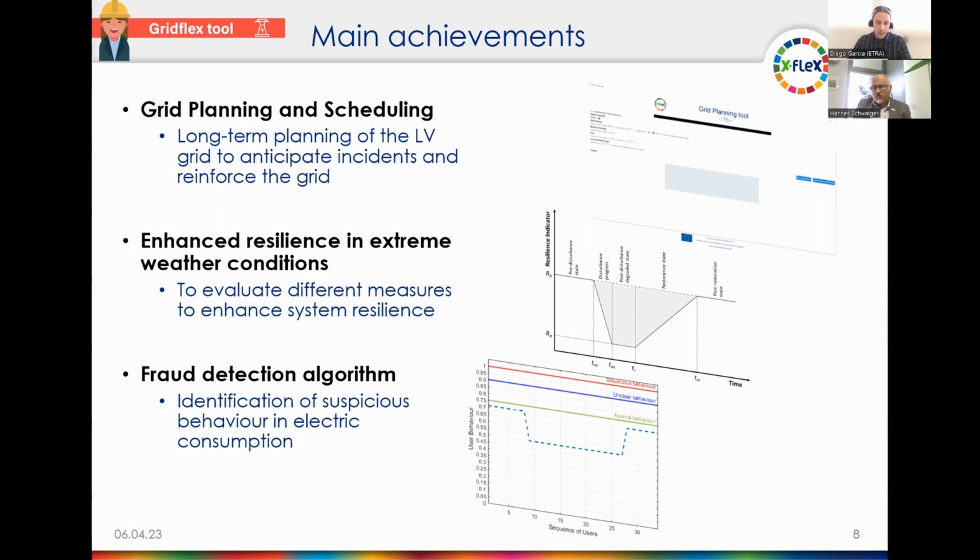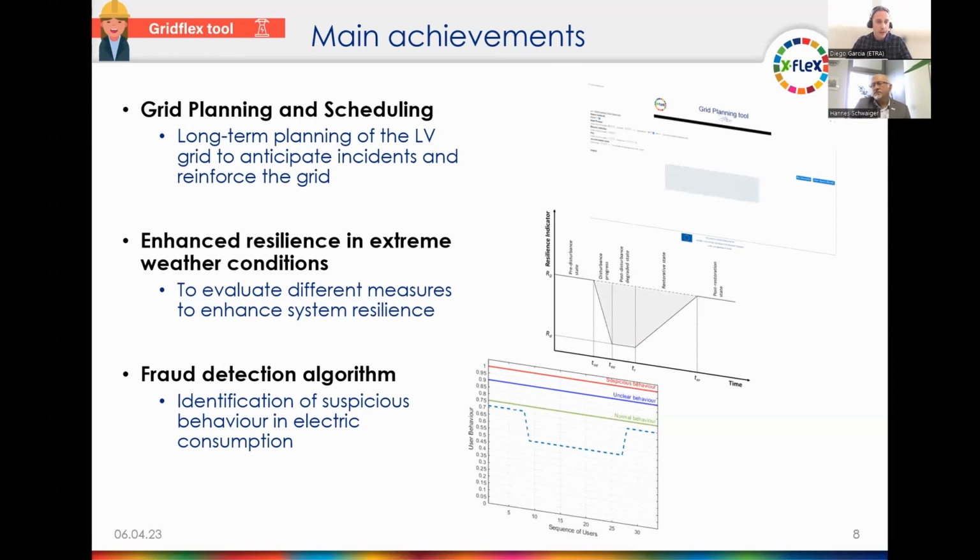So it provides scenarios on long-term planning of the network in terms of adding potential assets and analyzing how the network would behave with these future scenarios.